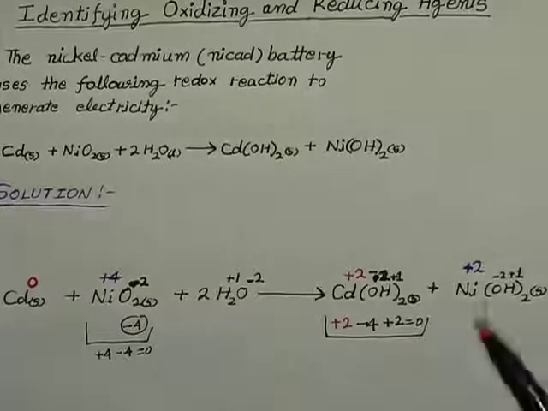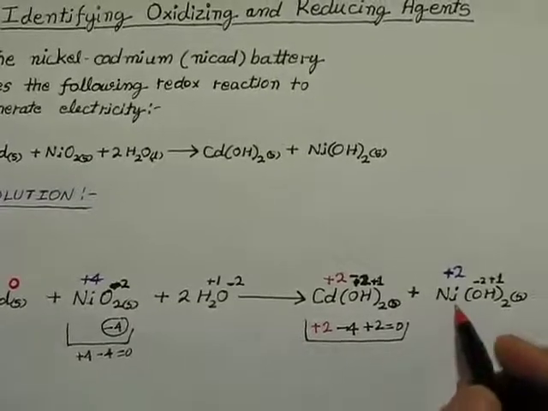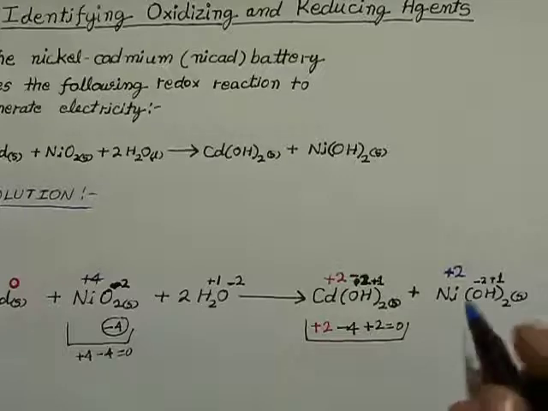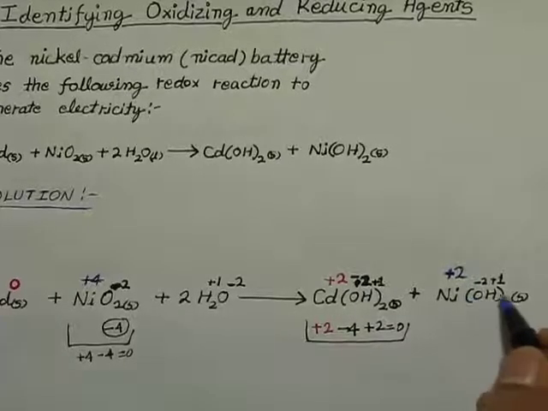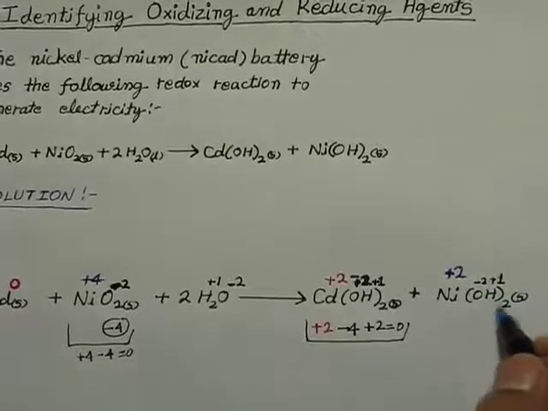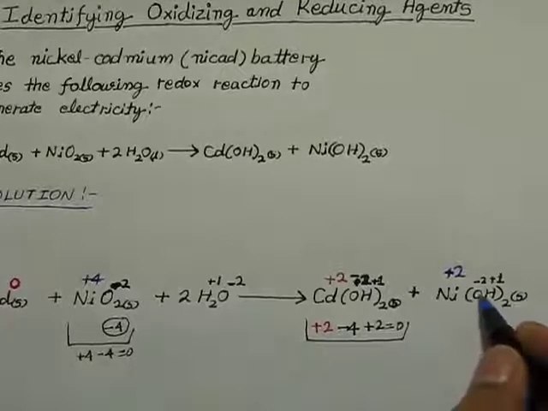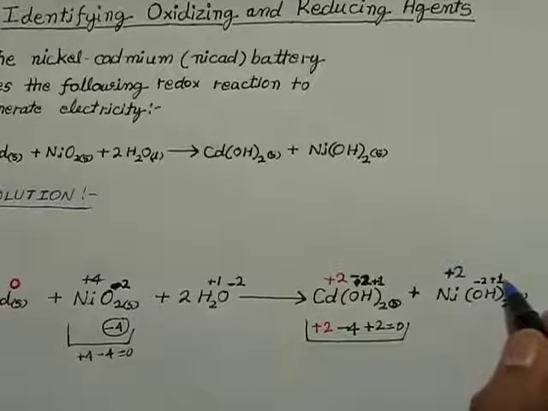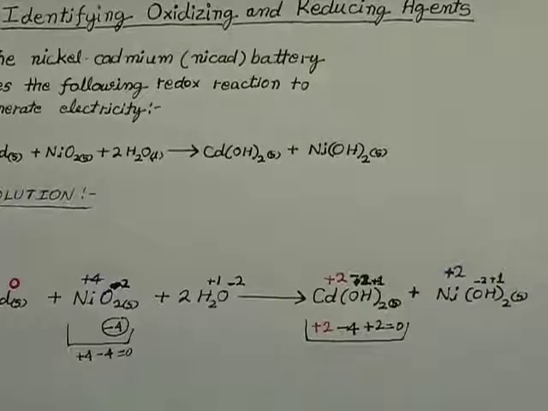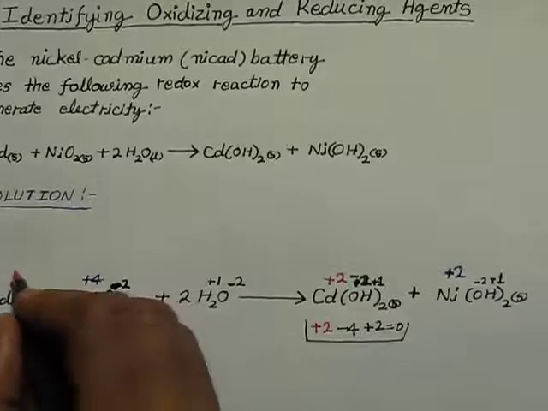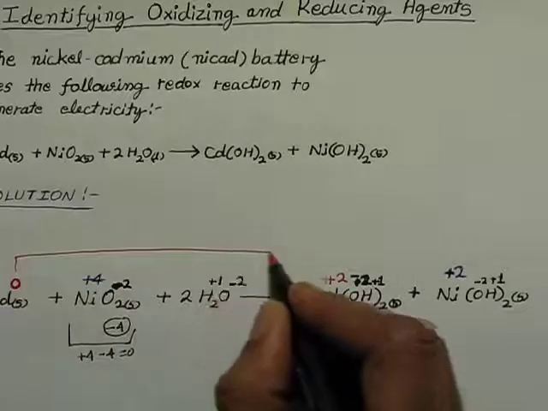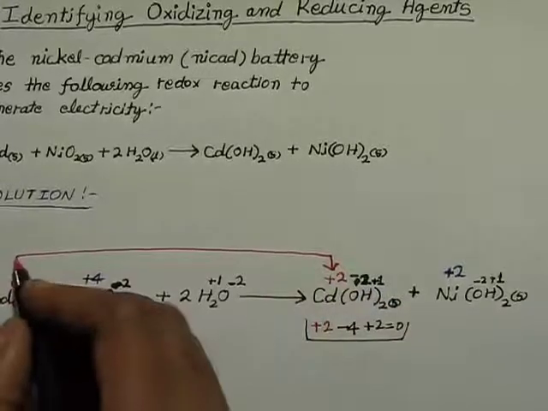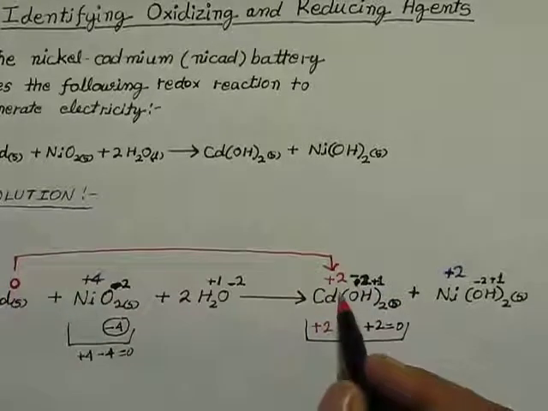In nickel hydroxide, the nickel will have +2 oxidation state, which is balanced by 2 hydroxyl groups, where oxygen has -2 oxidation state and hydrogen has +1. If you look at cadmium first, its oxidation state is changing from 0 to +2.